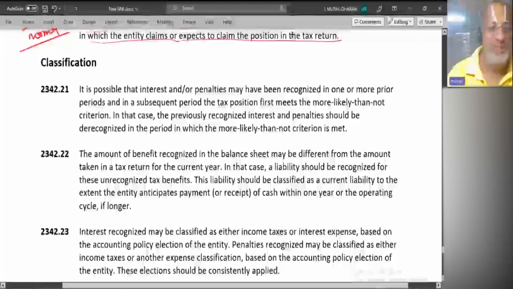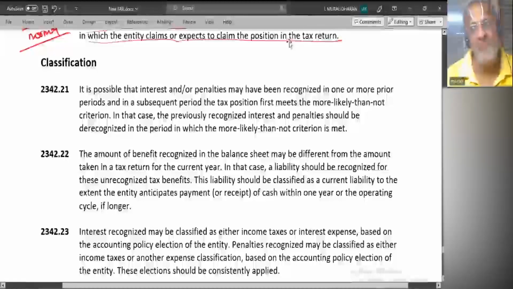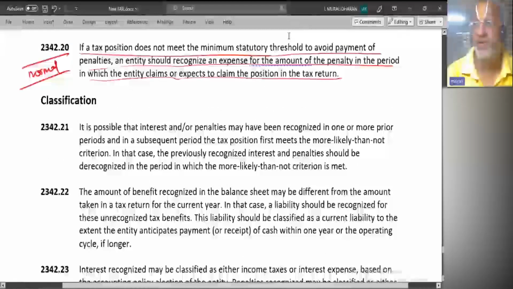Now, all these conditions do not come under the tax avoidance or tax evasion category, right, Murli? See, I will tell you a very simple thing. When the needle of suspicion is coming, then we have to be very careful.